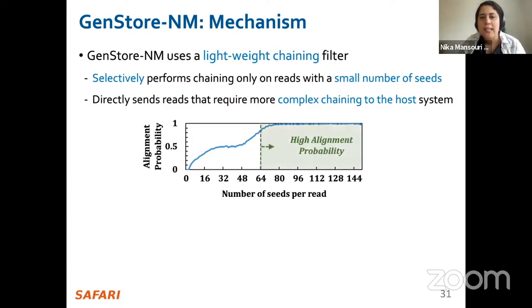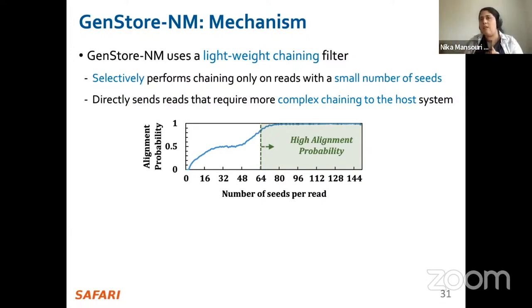We observed that reads with a sufficiently large number of seeds are very likely to align to subsequences in the reference genome. That is intuitive, right? Because if you have many seeds, basically many chimeras of a read matching into the reference genome, then it's highly likely that it's very similar, so that would likely align.